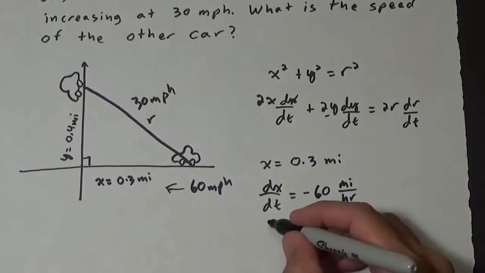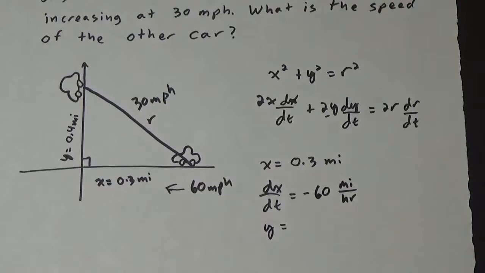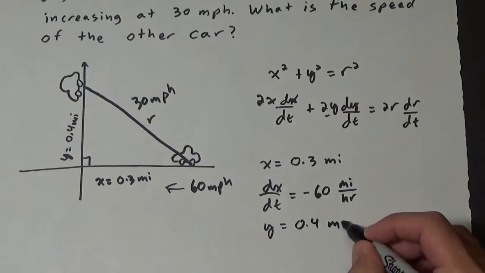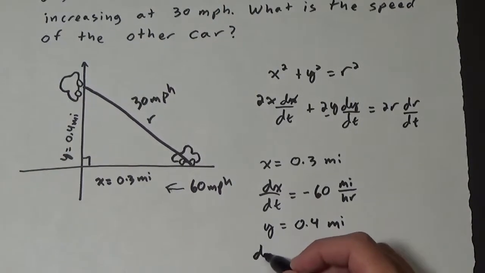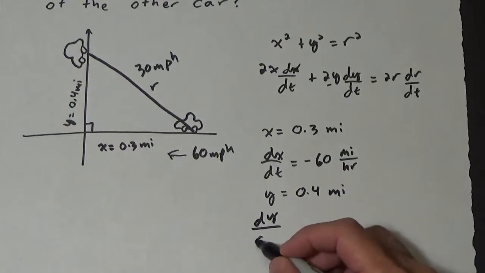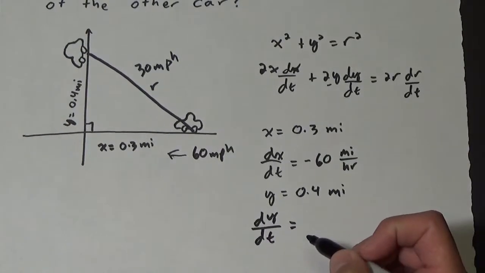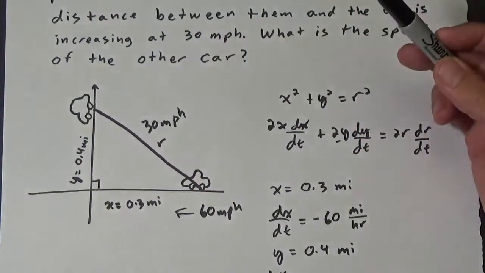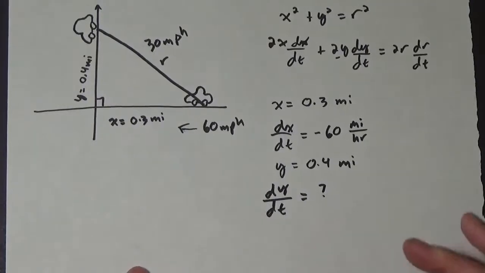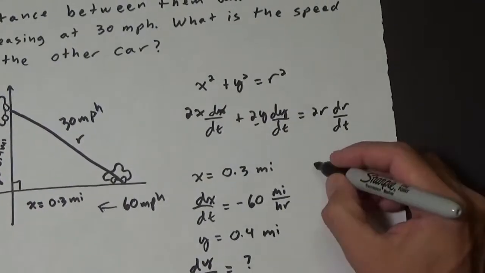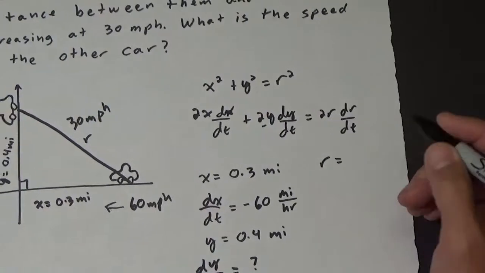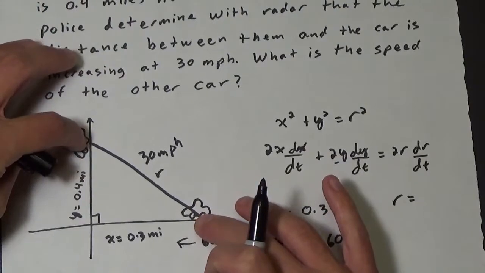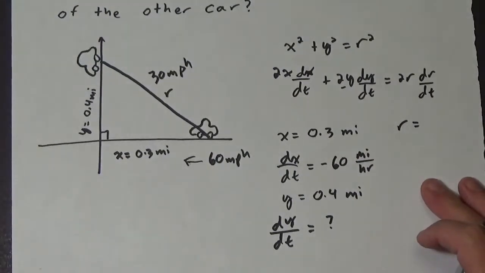Then we have y. y is this distance here, so that's 0.4. Then we have dy/dt, the rate of change of this other car, and that's actually what we're trying to find, so that's our question. Then r. r is the current distance between the police car and the other car, and we don't know that.